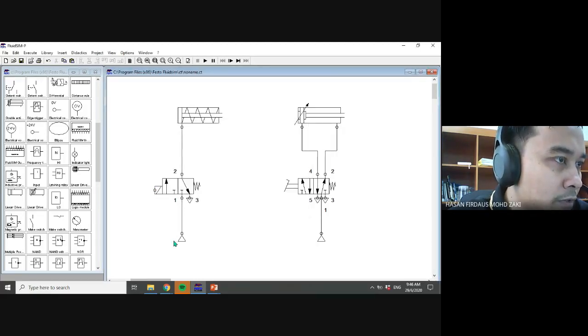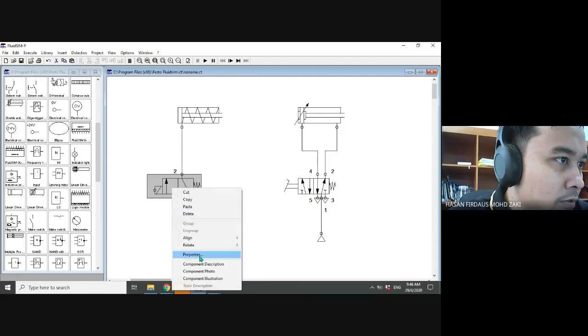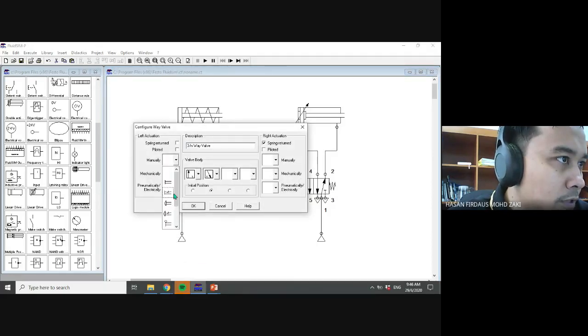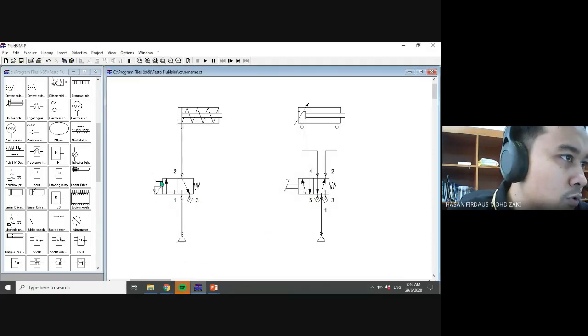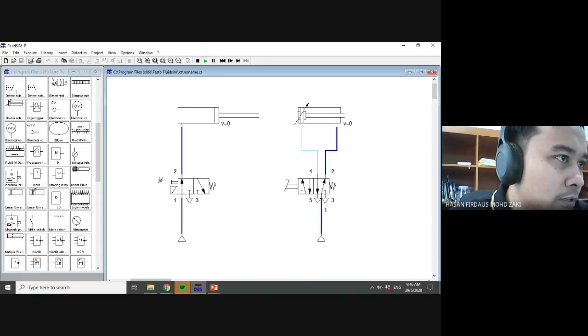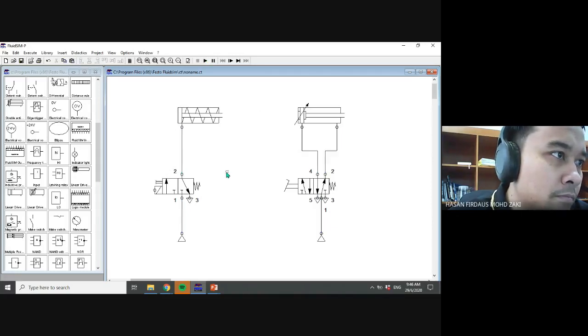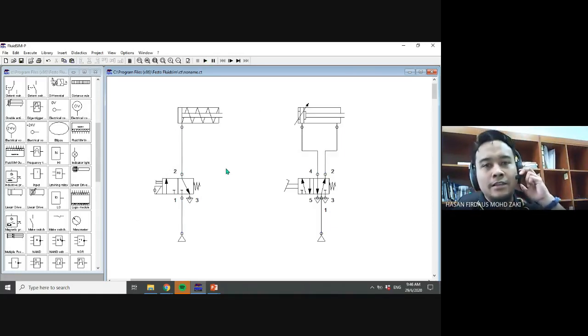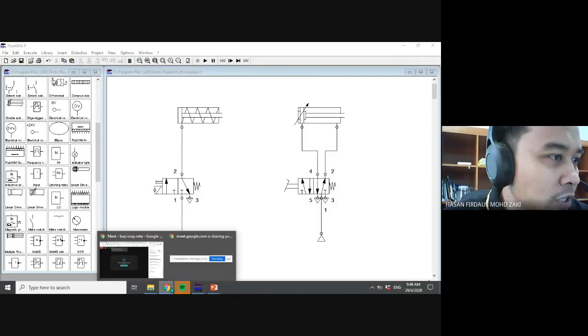You can use solenoid. You can also control with both, either solenoid or the push button. If you simulate this, same. Any other question? If no question, I will ask.